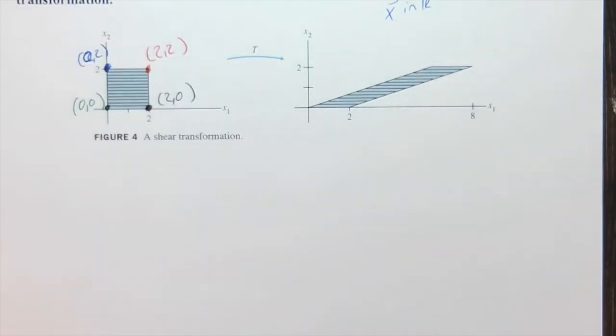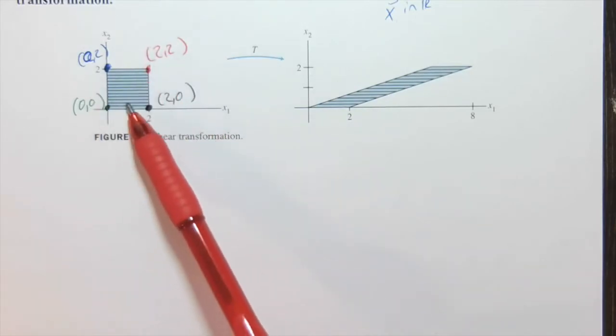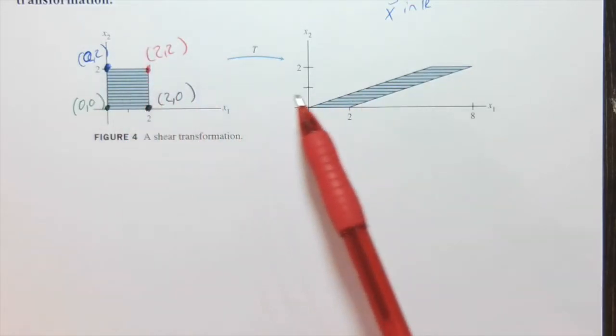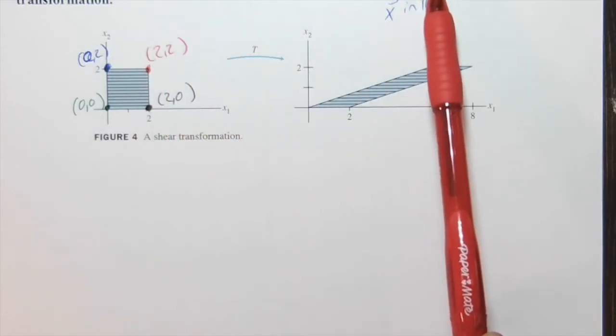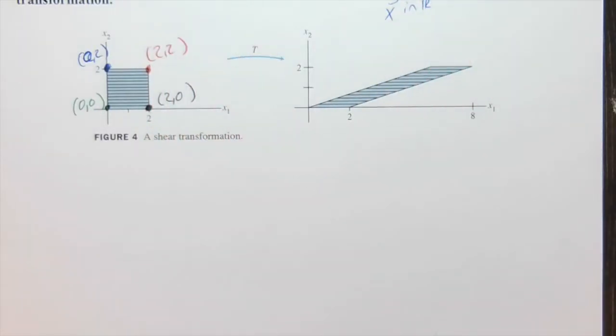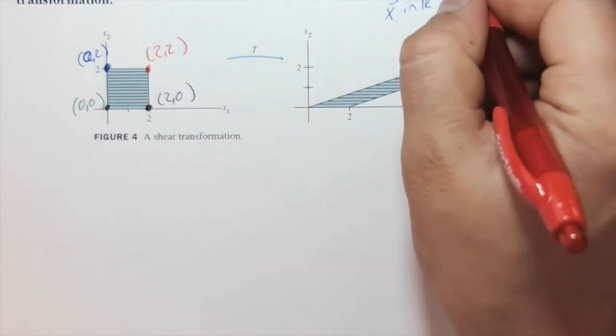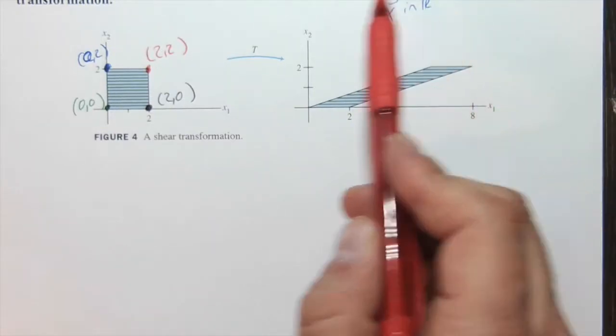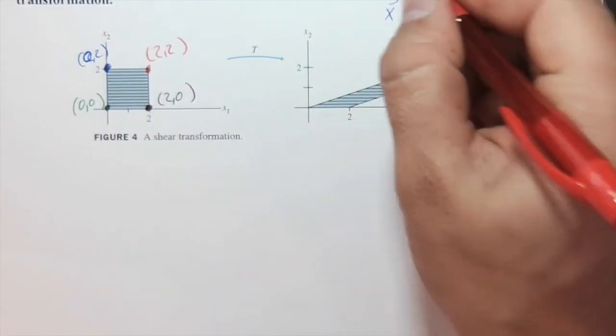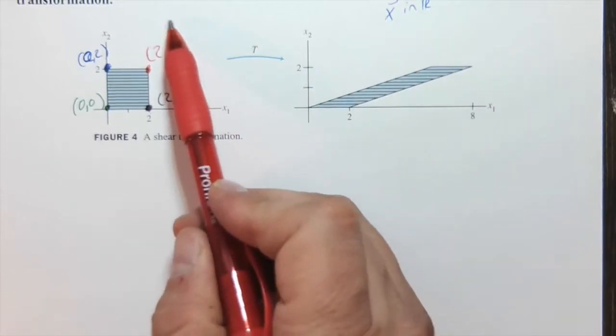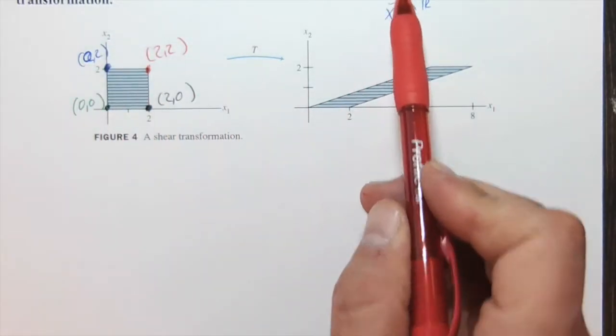What we're going to do is see how each one of these points gets transformed into this new picture just by matrix multiplication, using this definition and this matrix A. Each one of these is going to be a vector x.